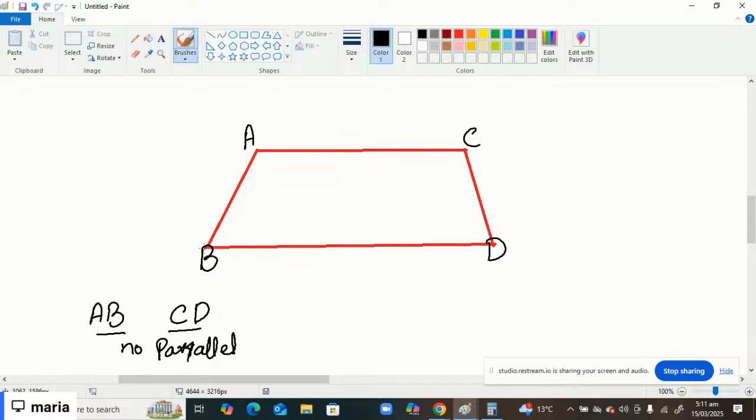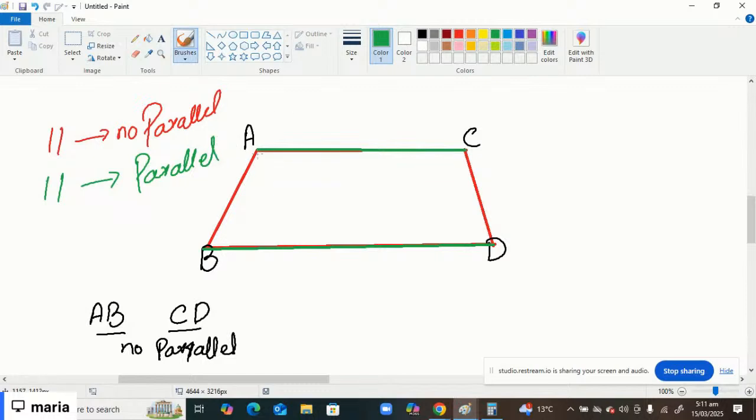Okay, but when we look at this one, this is AB and that is CD. And when they are saying AC, this is your A and C, and that is your BD, these two lines are parallel. So the red are not parallel, and when we talk about the green, these are parallel.